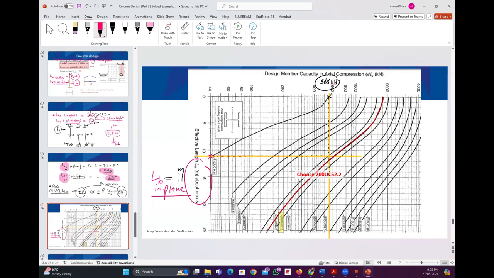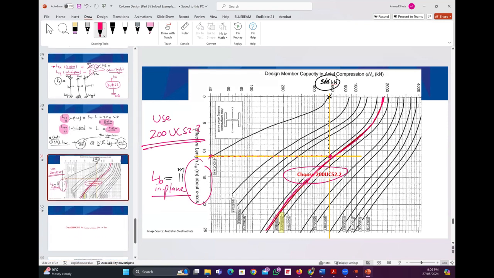Where these two values intersect, somewhere here, which section is close to it? This is our section. So from this one, use 200 UC 52.2. Is that correct? Okay, so this is using L buckling in plane.